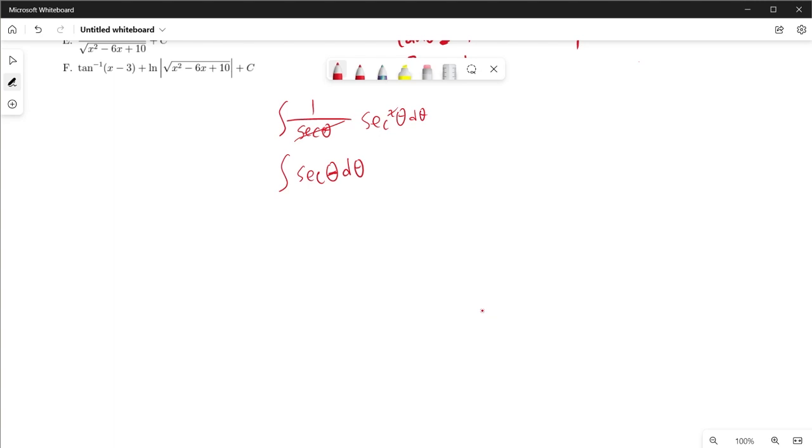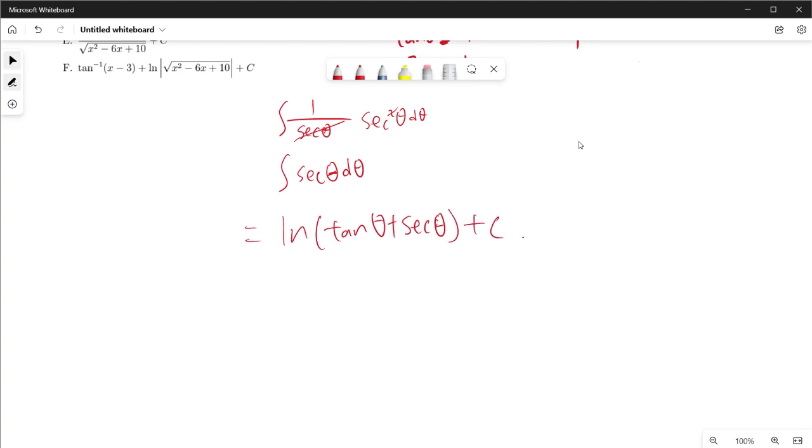And then this is one of the ones that maybe you should remember, because this integral is a little bit complicated, but it comes out to be just ln of tangent theta plus secant theta, and of course it's plus c.